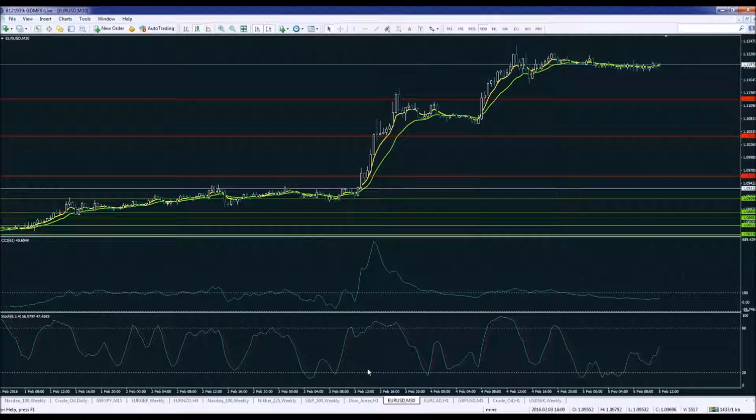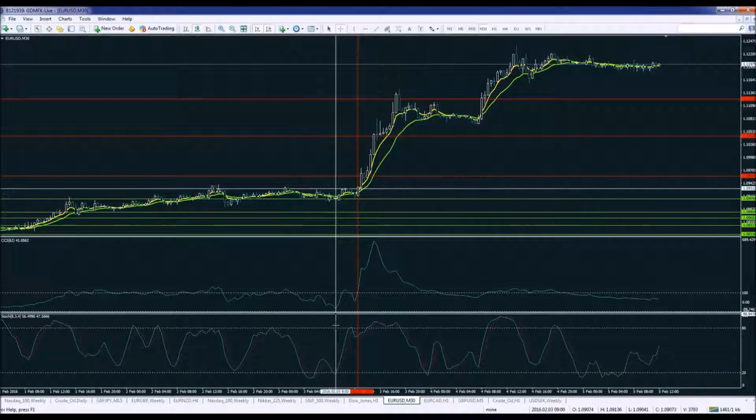Now we're looking at today's market on the euro-dollar chart. We can compare it with the other strategy here and the timing. As we can see, this is when the commodity channel index shows us positive movement on the euro versus the dollar.